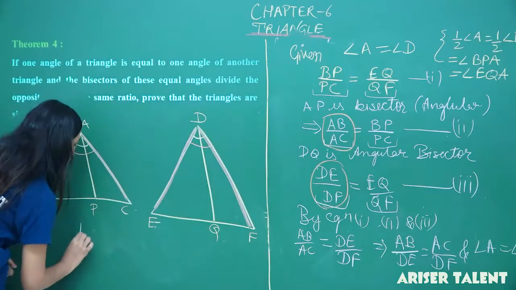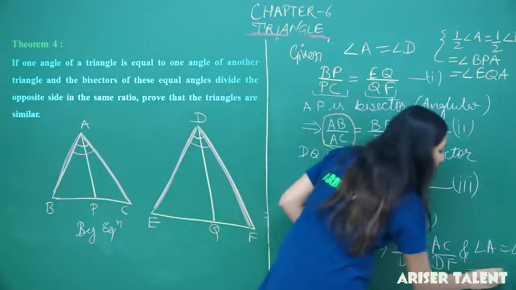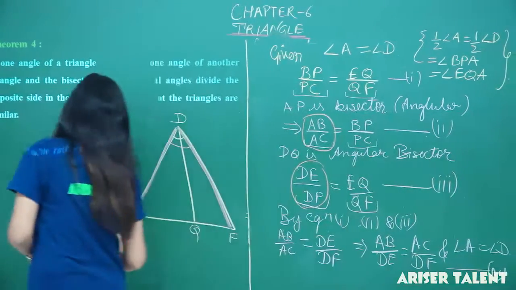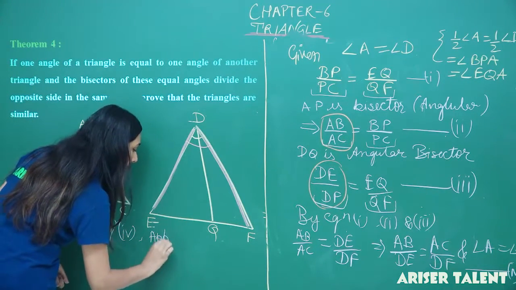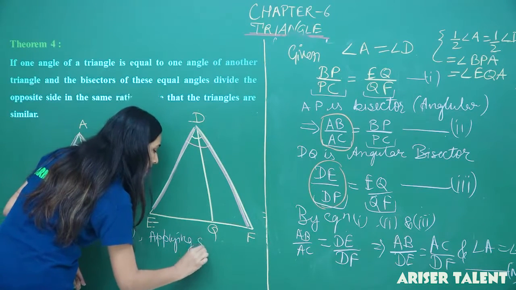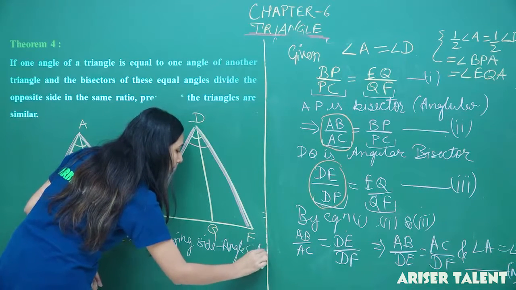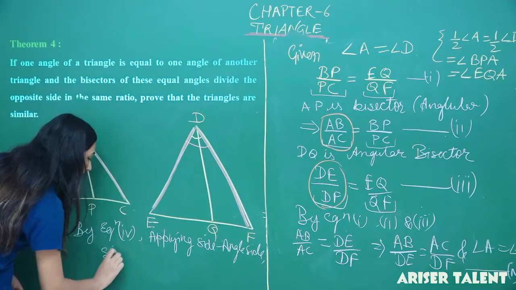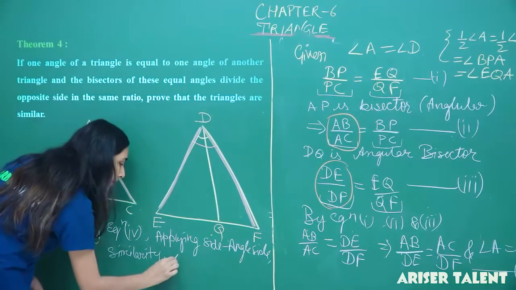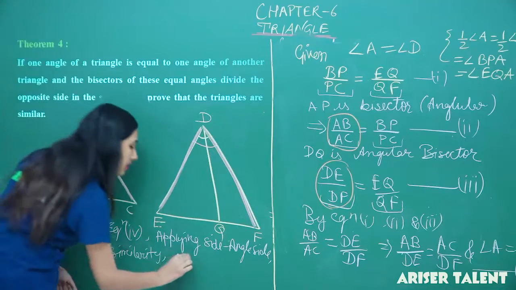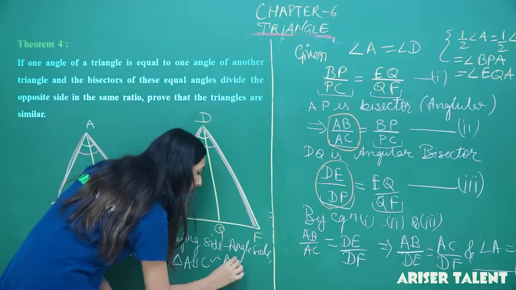Write it here. By equation fourth, applying the side-angle-side similarity property, we have triangle ABC similar to triangle DEF.